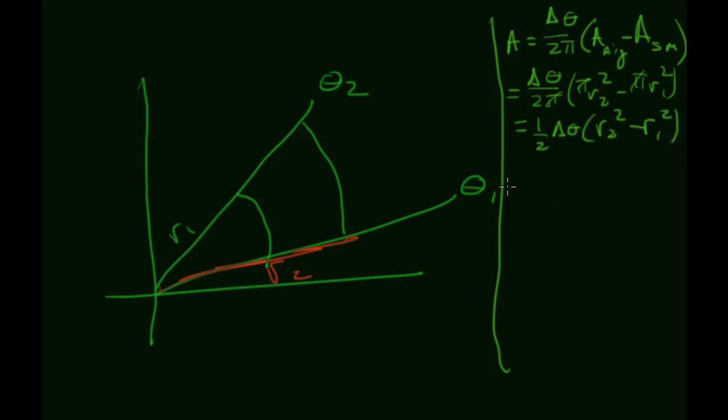Let's think this all through. This is a difference of perfect squares. Let's pause that for a second and get some more space to work with.